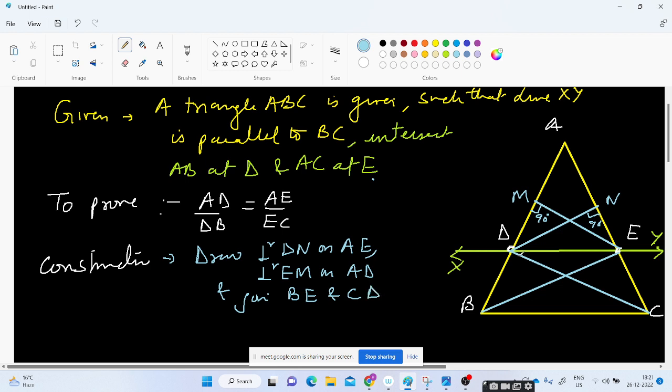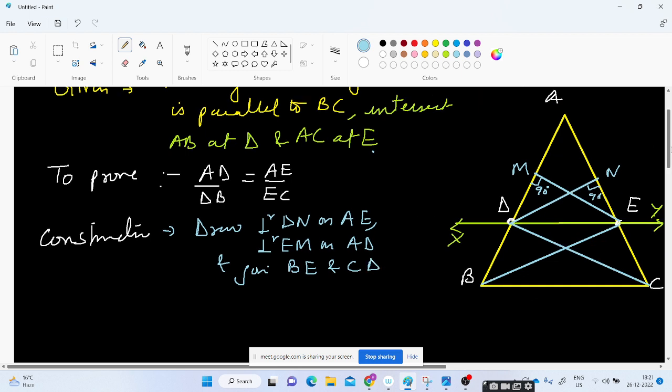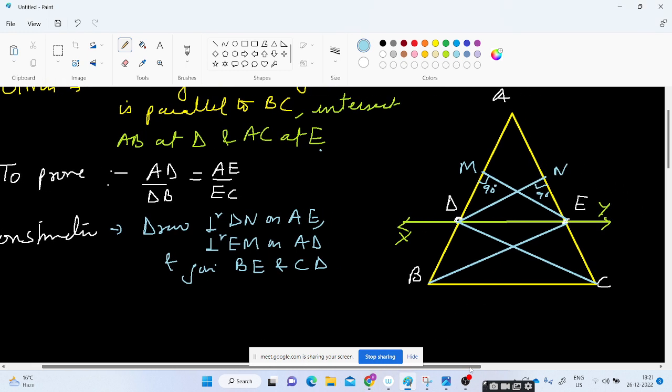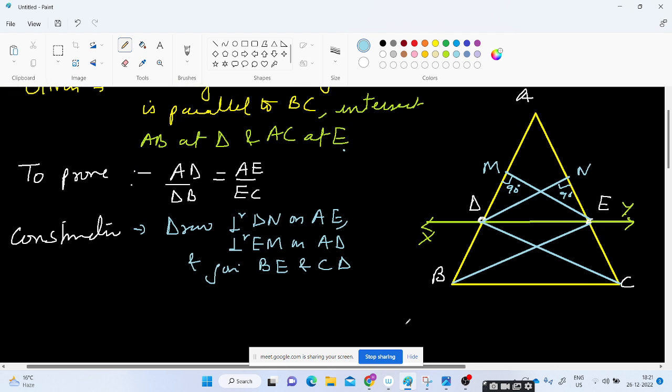So this is the construction part you have done. Given, to prove and construction you have written, now you have to write the proof.